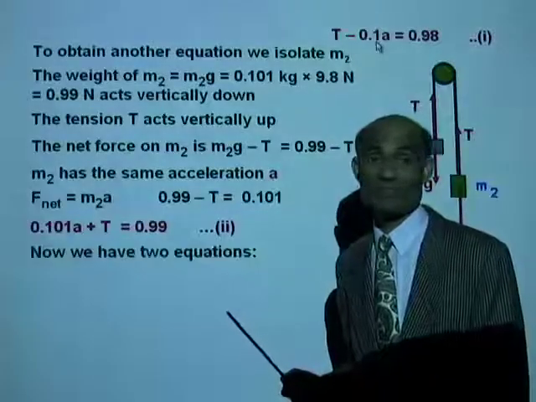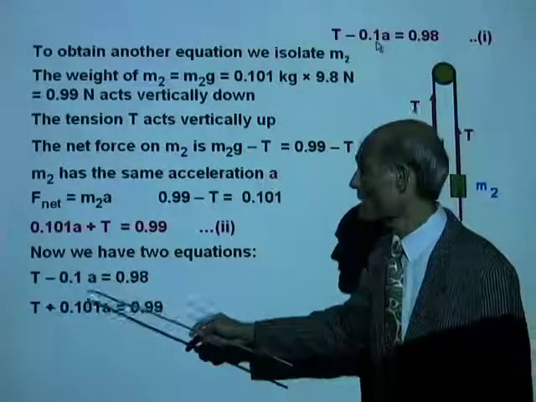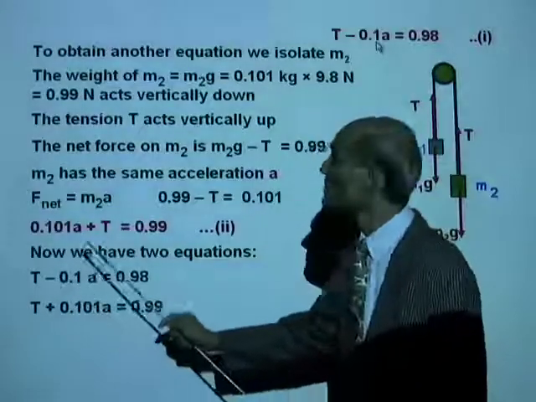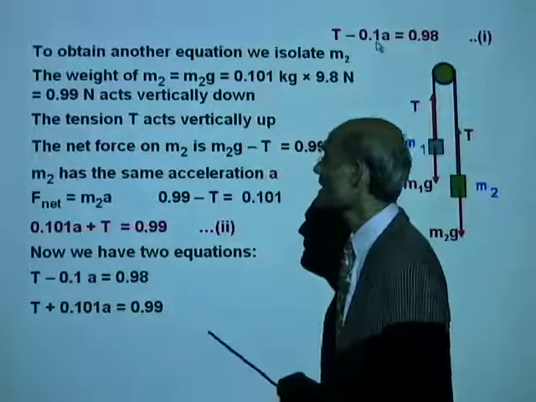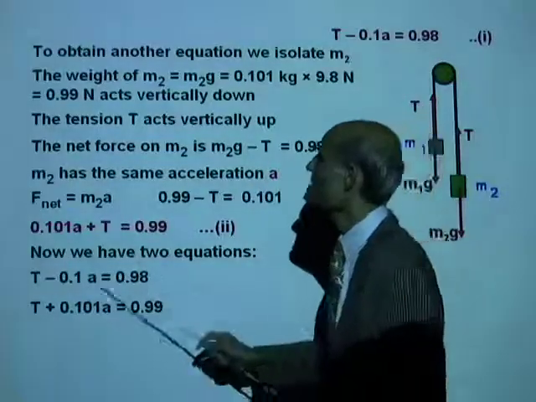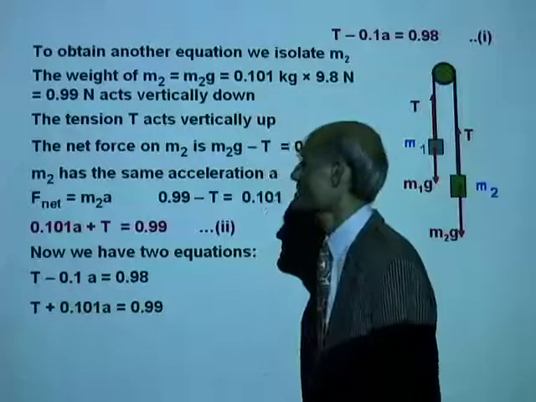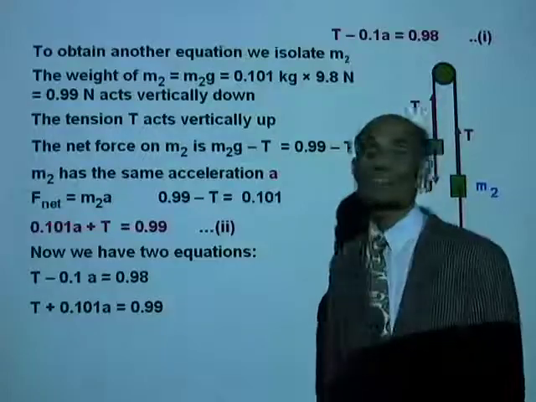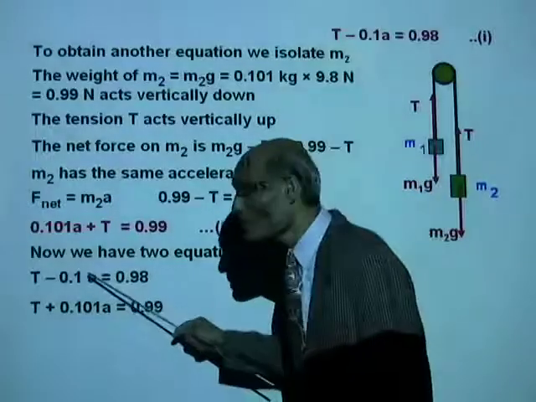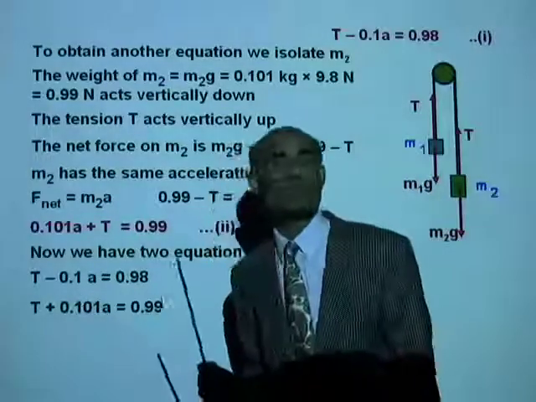Well, that's not difficult. Now, let me write down those two equations. The first equation is T minus 0.1A equal to 0.98 and T plus 0.101A equal to 0.99. Now, is it easy to solve these two equations?